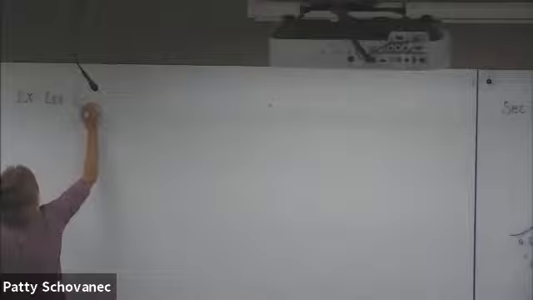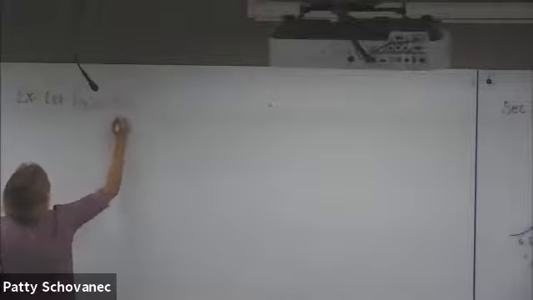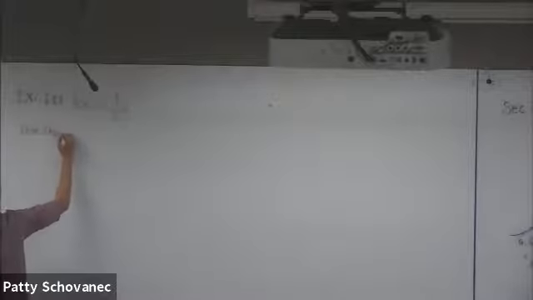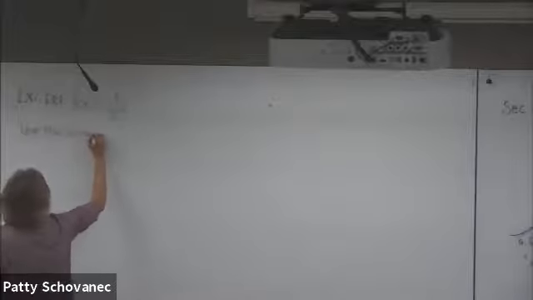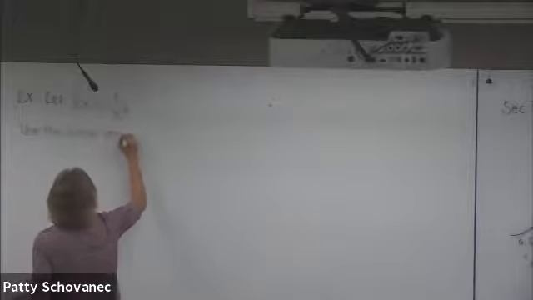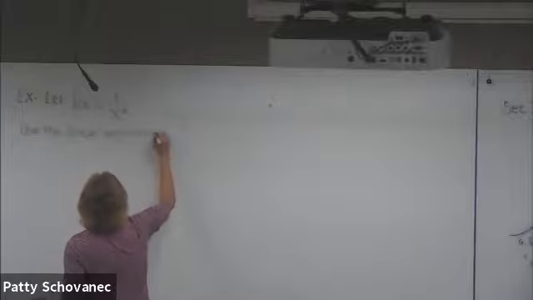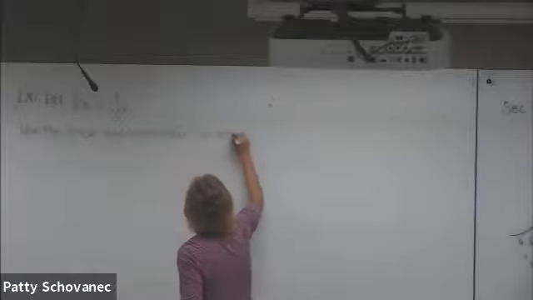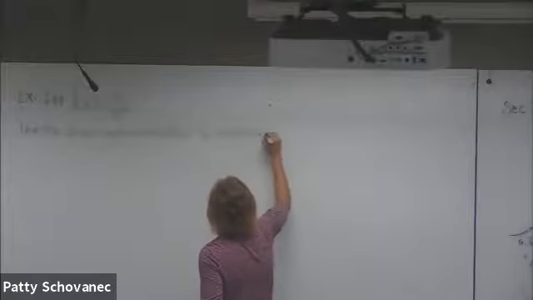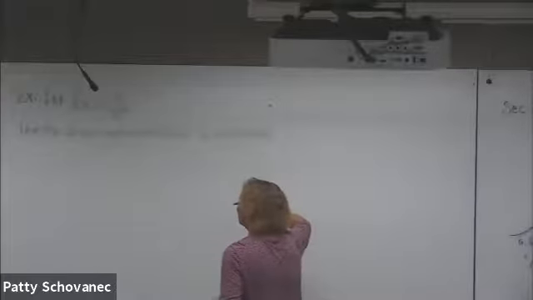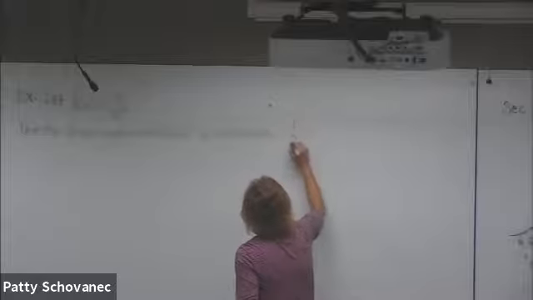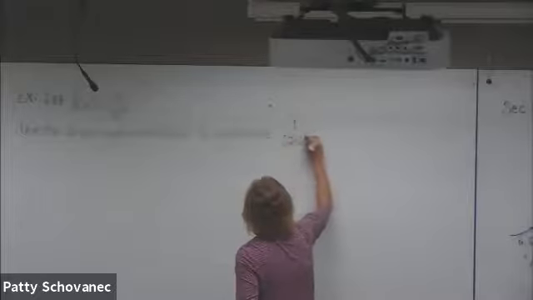Let f of x be 1 over x squared. Use the linear approximation to estimate 1 over 2.1 squared.